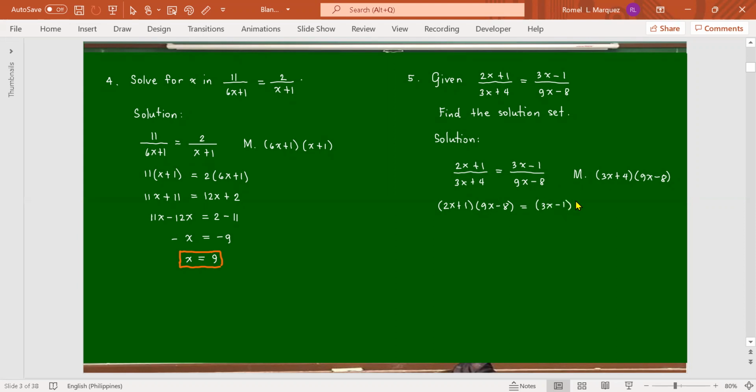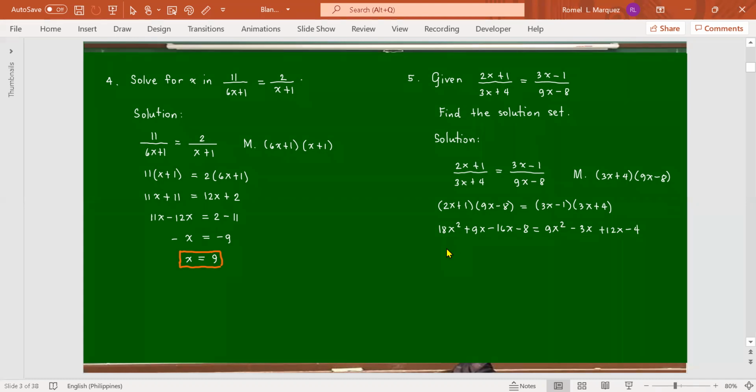So 3x minus 1 multiplied by 3x plus 4. On the left side, multiplying these binomials, we get 18x squared plus 9x minus 16x minus 8. On the right side, we have 9x squared minus 3x plus 12x minus 4.